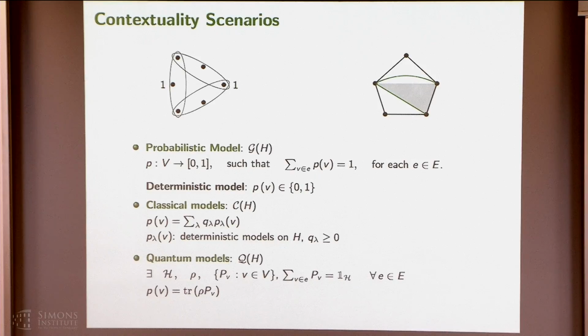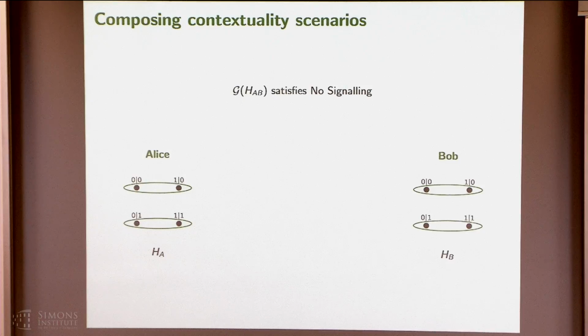So far so good. So this is a way to describe a situation where we have a system, we perform measurements, obtain outcomes, and we want to study the statistics of those outcomes. Now the question that we ask is, what happens if we have two different such situations?